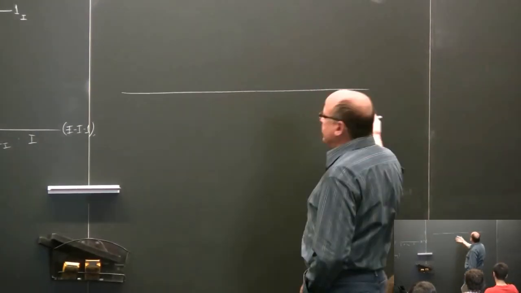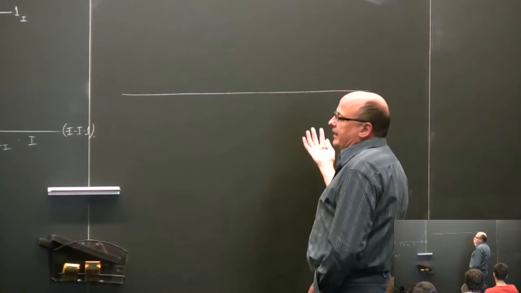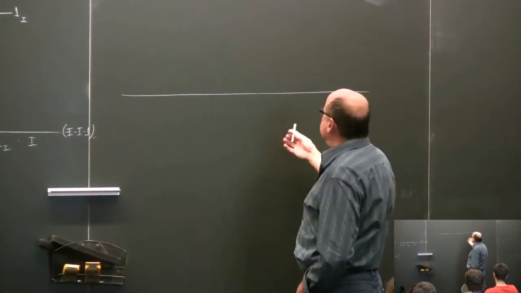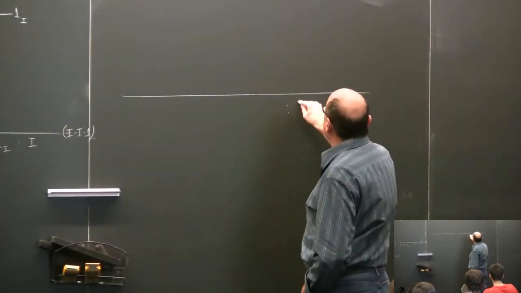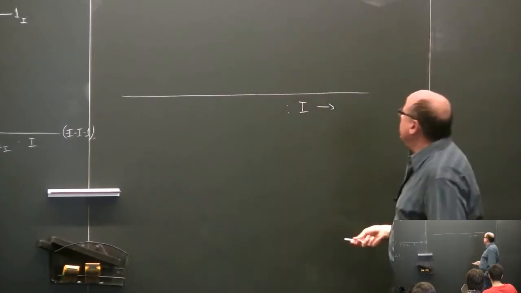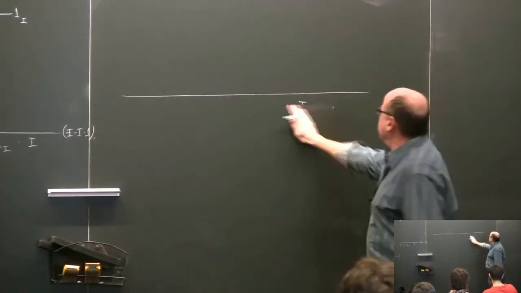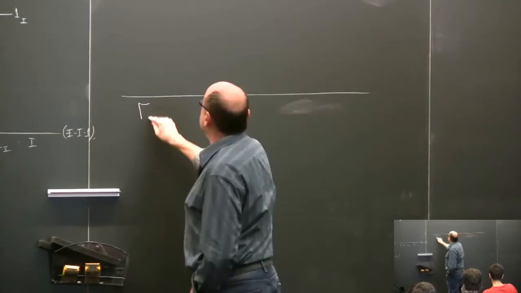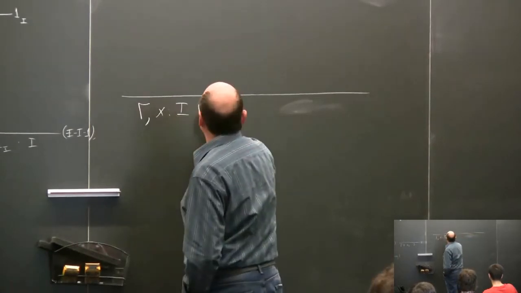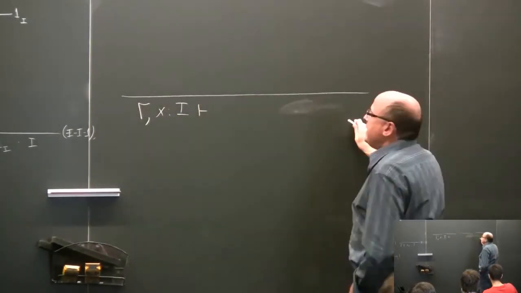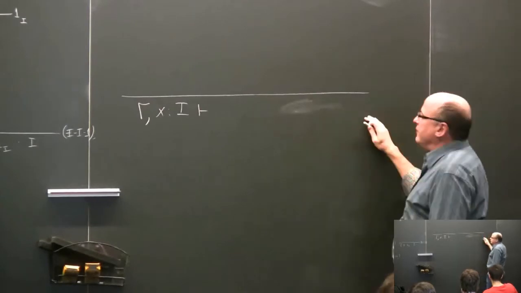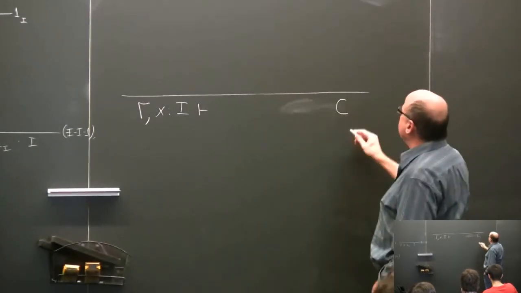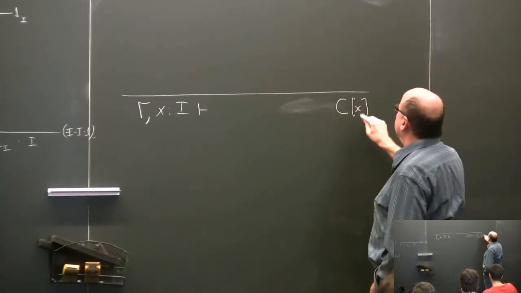So what's going to happen is there's going to be a map out of I, and there are different ways I can present this. Let's write it like this, treating it as a map rather than as a function. We're going to map out of I, and we're going to wind up at C of x.